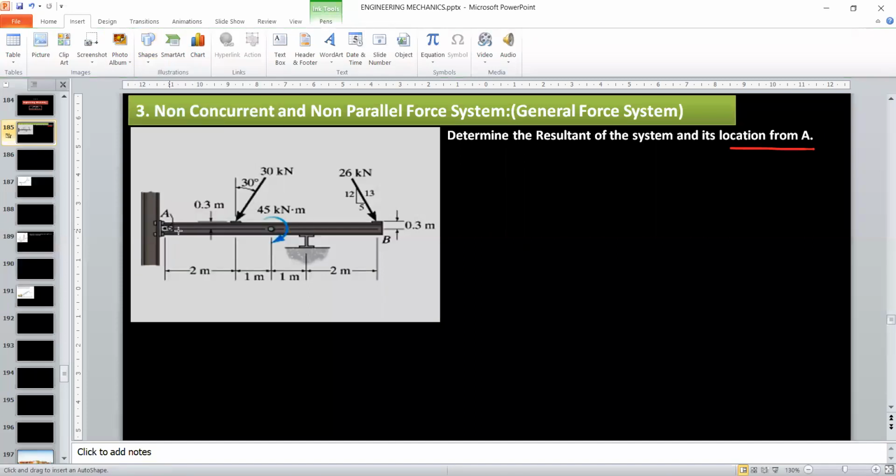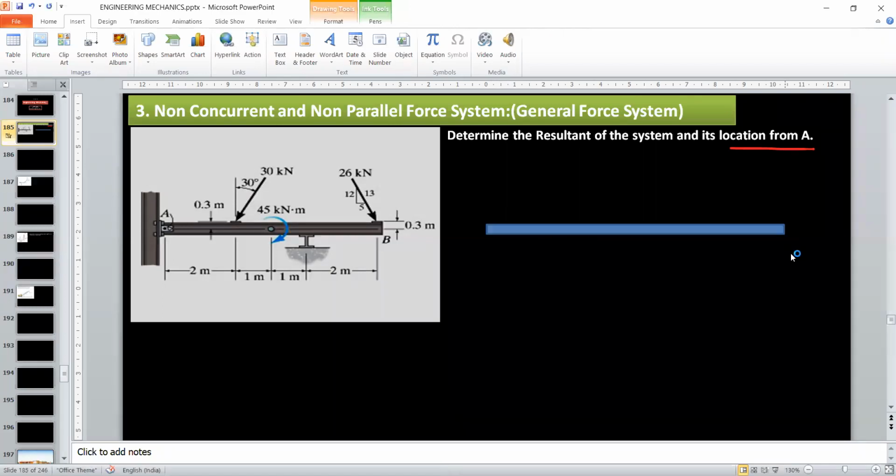Just draw the beam AB so that you can show all the forces and the resolution. So this is the beam AB.